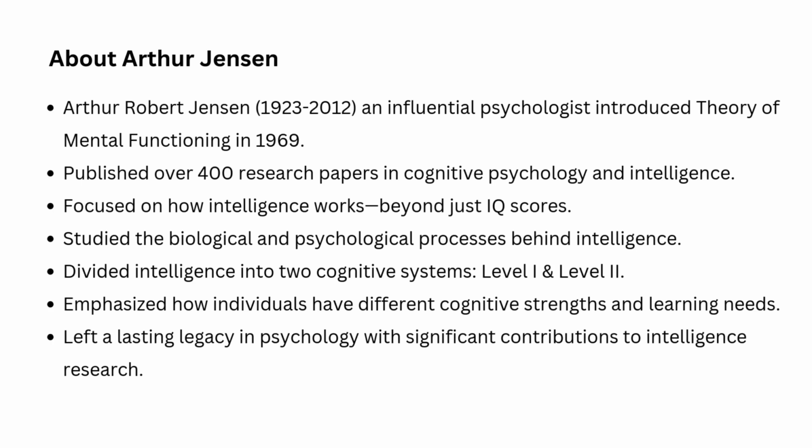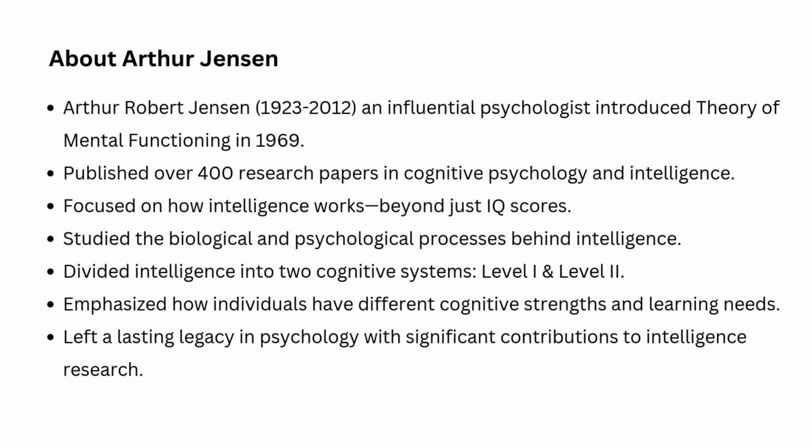This was quite extraordinary. His deep dive into the biological and psychological aspects of intelligence was groundbreaking. He focused on how the brain functions in different cognitive activities and broke intelligence into two systems: Level 1, which involves basic memory tasks, and Level 2, which deals with more complex reasoning and problem solving.